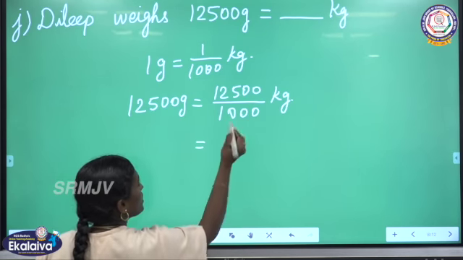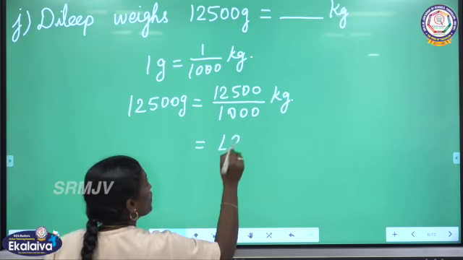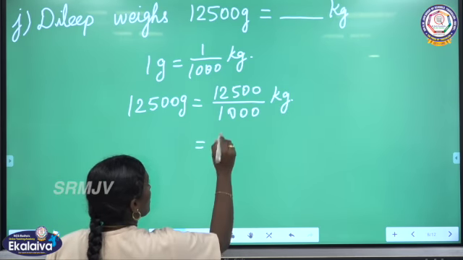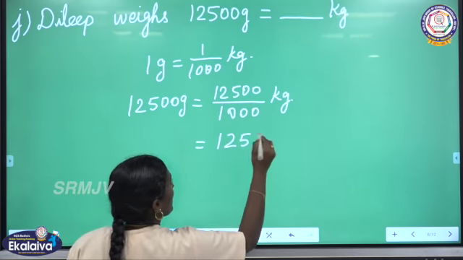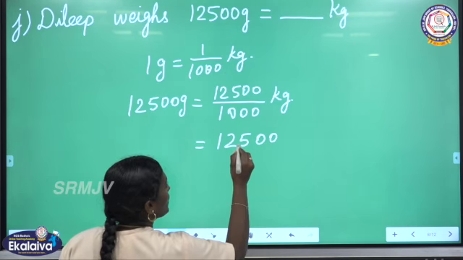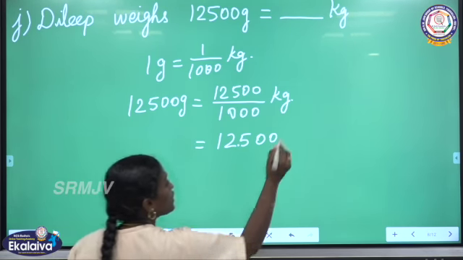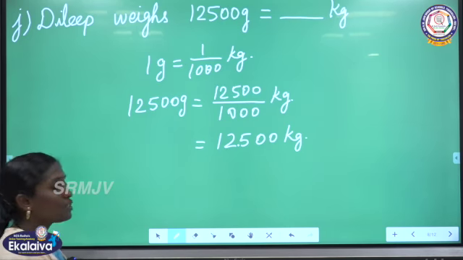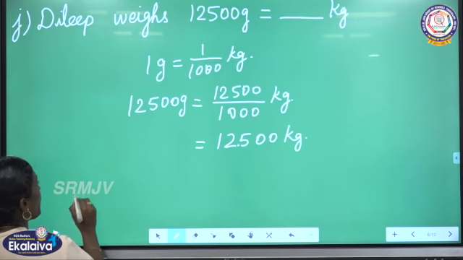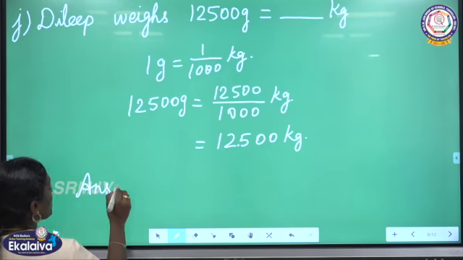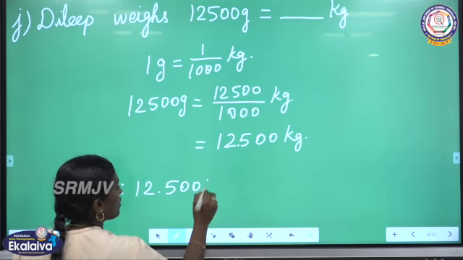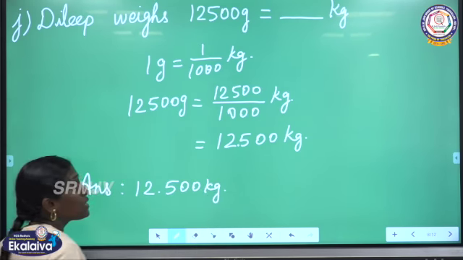Here 3 zeros are there in the denominator, so we need 3 decimal places. So from the last, before 3 digits, we have to keep the decimal point. So that is 12.500 kilogram. Dilip's weight is 12.500 kilogram. Is it clear?